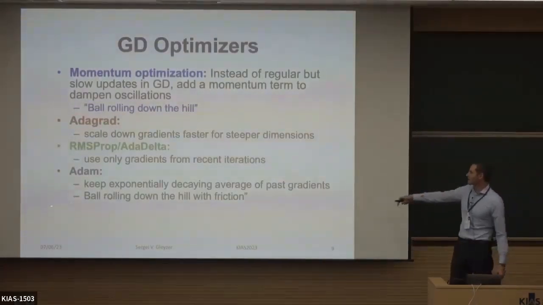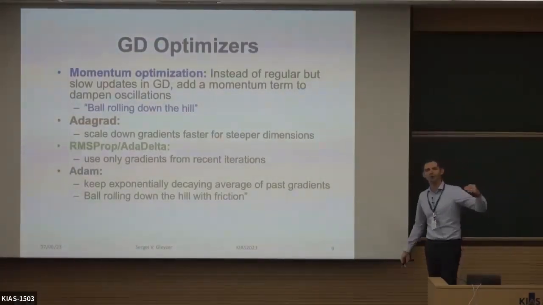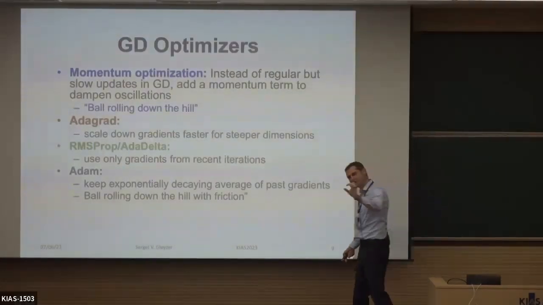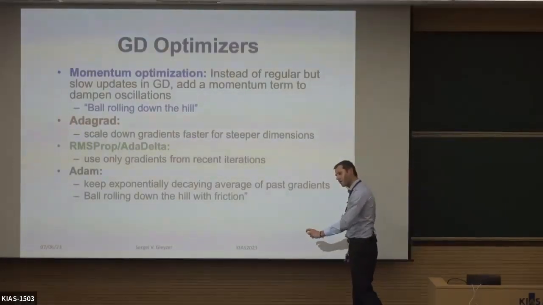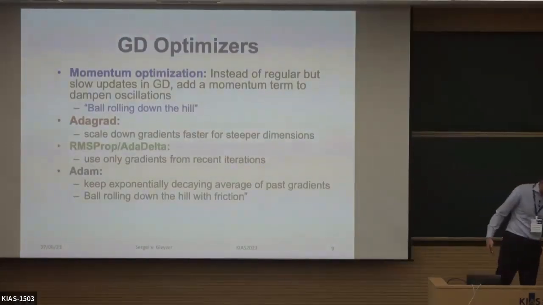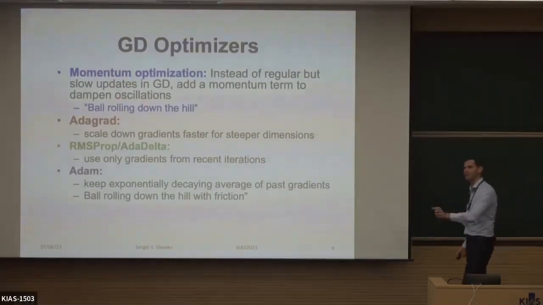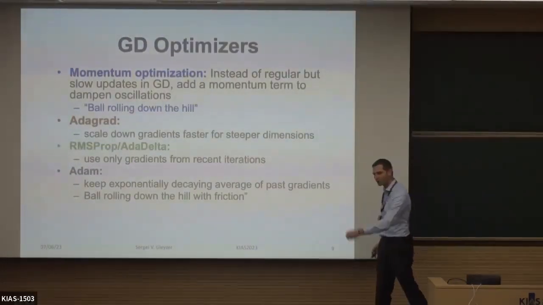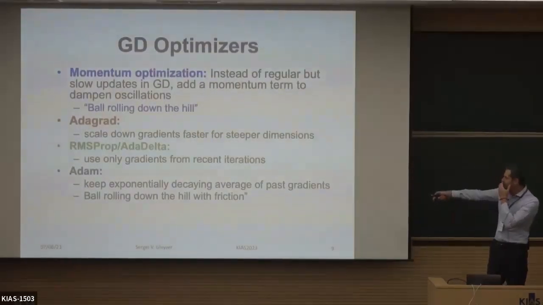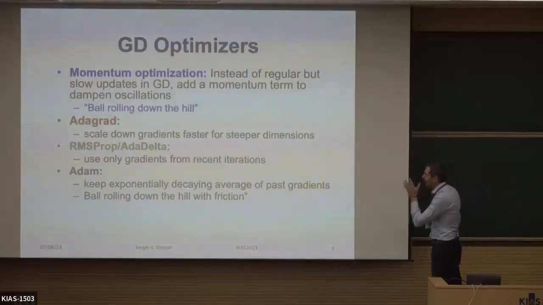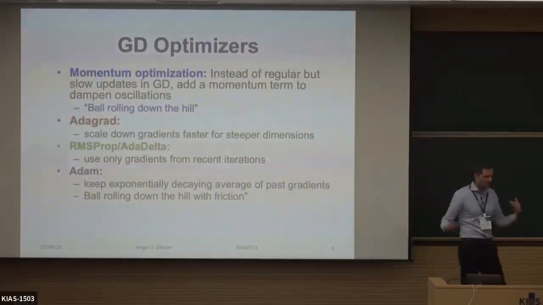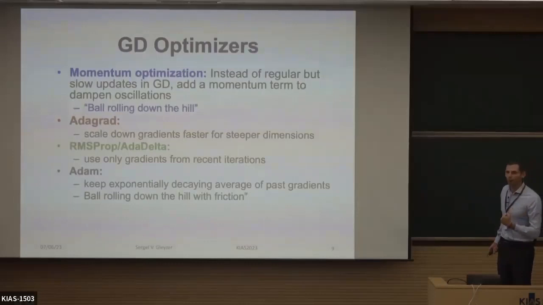And it's equivalent to this idea of the ball rolling down the hill with friction, right? So you want it to get to where you want it to go, but sometimes you want to dampen that out as you get closer to where you want to get to. You don't want to be shifting around too much once you get closer to your optimal. So these different ideas. Of course, there are other things like RMSprop, Adadelta, Adagrad. Won't go into the detail of this. This is just different ways to optimize this specific problem.